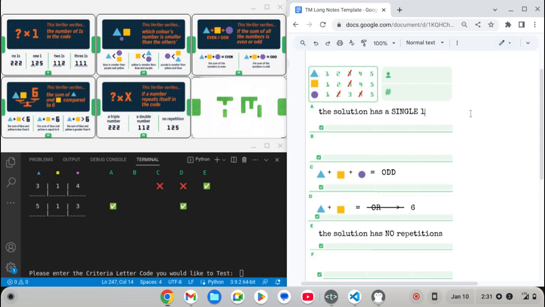Okay, so we have a 1, and so obviously it's criteria card B that'll tell us where it goes.